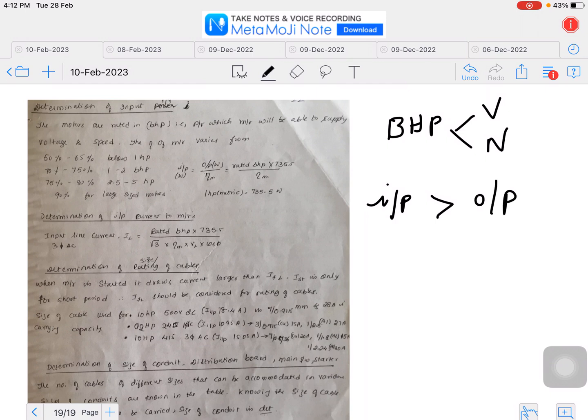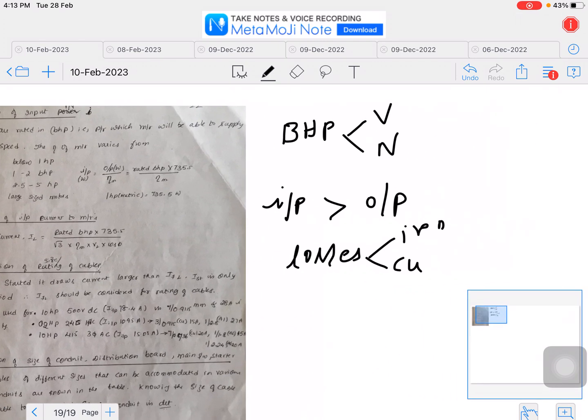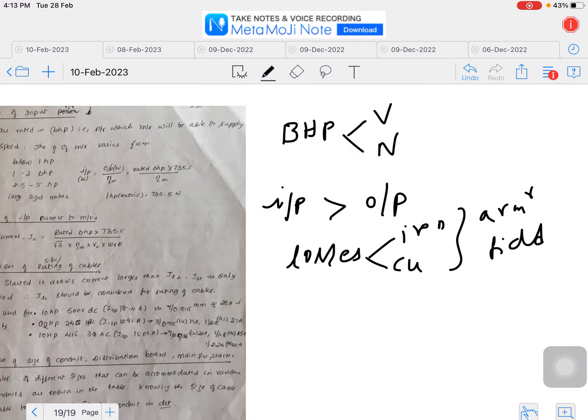That is because there will be a lot of losses such as iron losses and copper losses. It could be in the armature, it could be in the field, and because of the frictional losses also, we can see that the input is greater than the output.